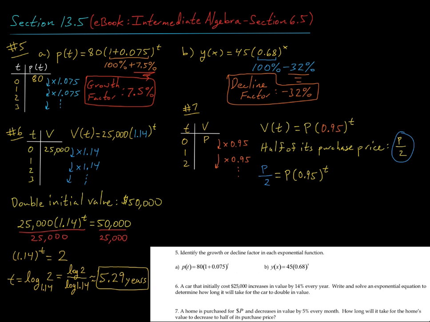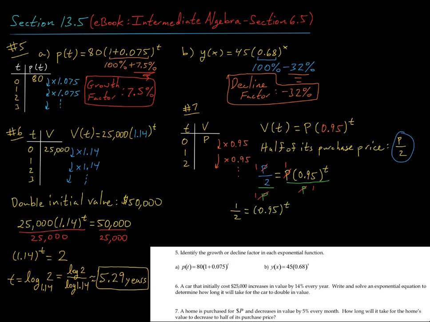And notice here that there's a P on both sides. So if I divide both sides by P from the very beginning, P is actually just going to cancel out. This will divide there, and this will divide there. So what we're really looking at here is just 1/2 on the left, and on the right we have 0.95 to the t.